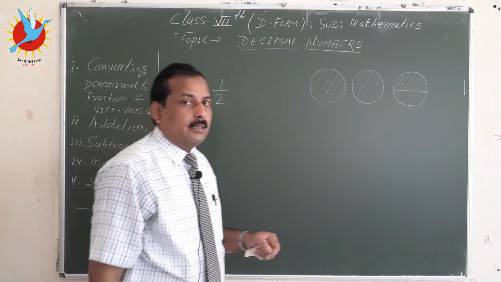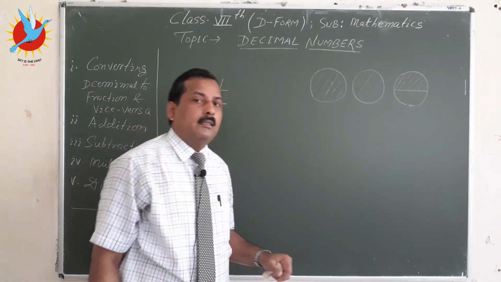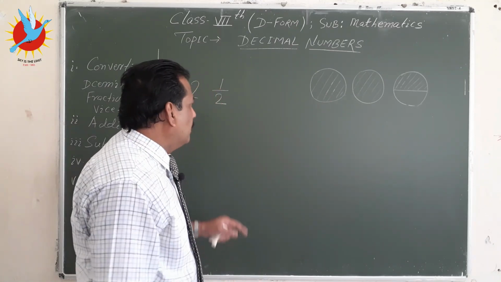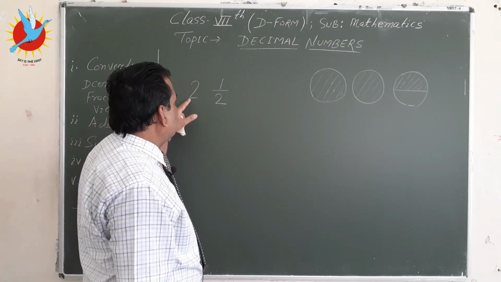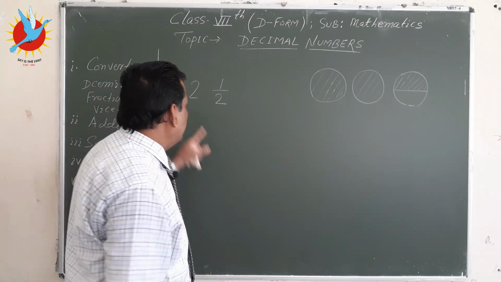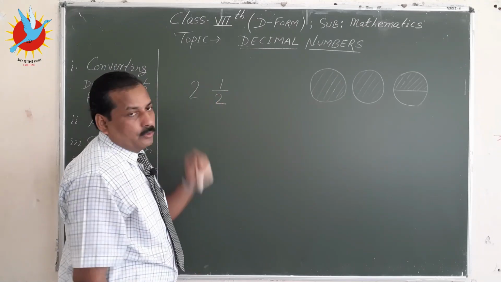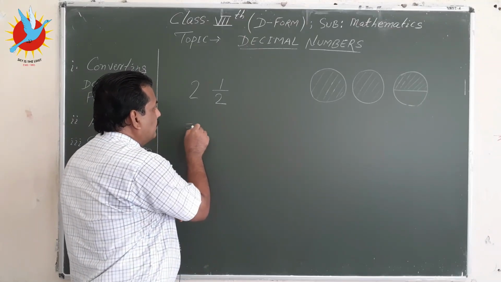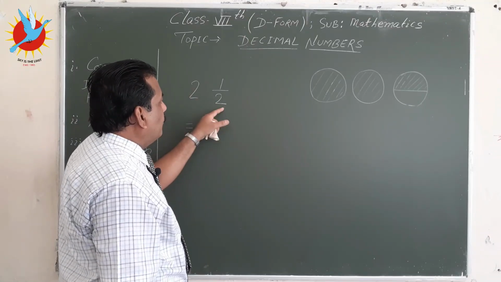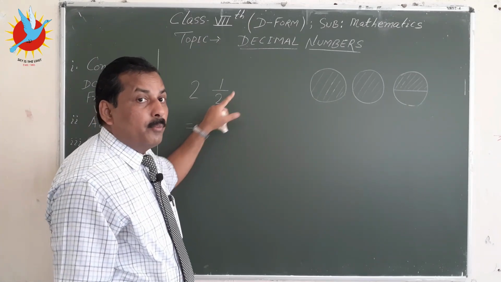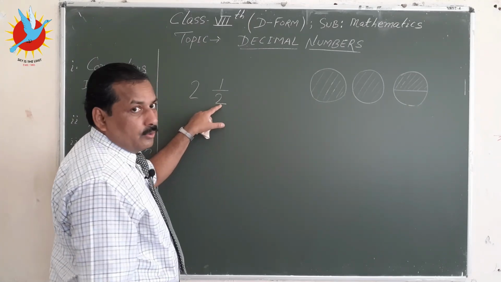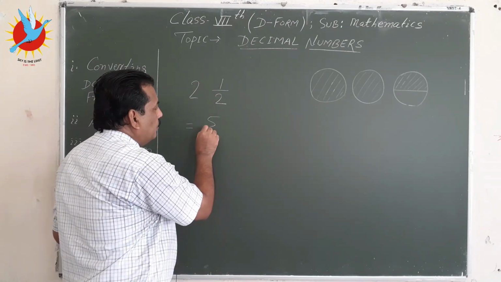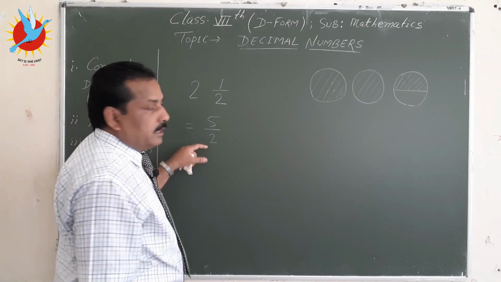So in English, if we say that the person has eaten 2.5 cakes, in numbers, by using fractions, we can represent the same thing by 2 1 by 2. This is in the form of a mixed fraction, and you know well that it can be further converted into an improper fraction. So how to do that? 2 twos are 4 and 1, 5 by 2, and this is the numerator and this is the denominator.